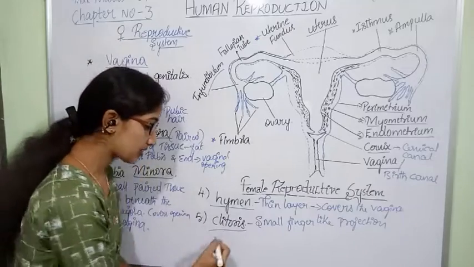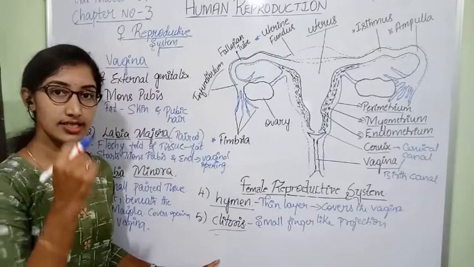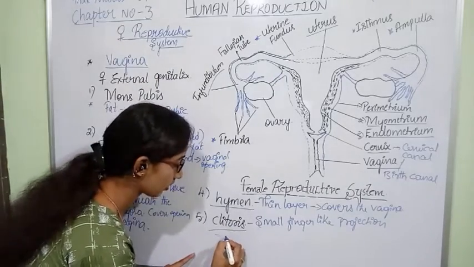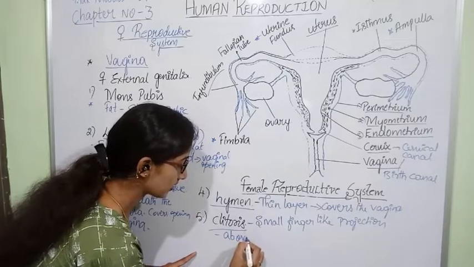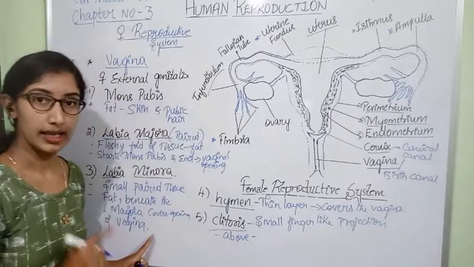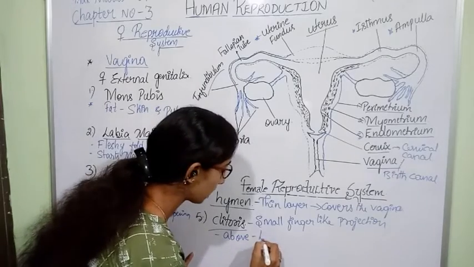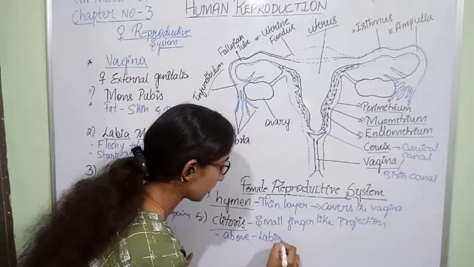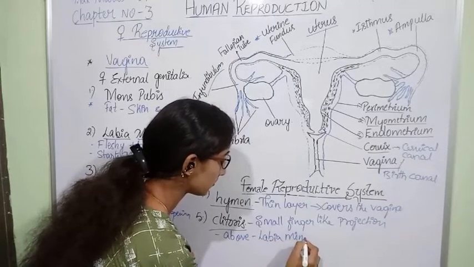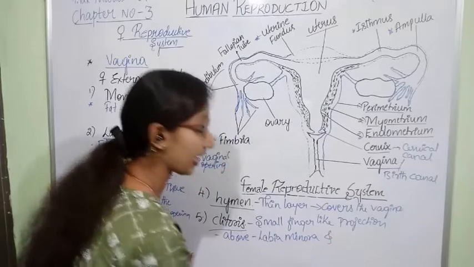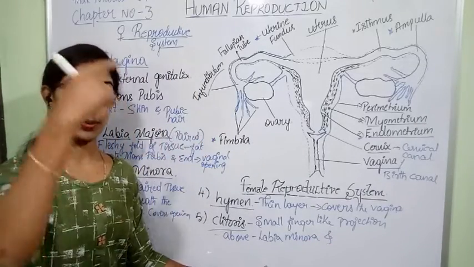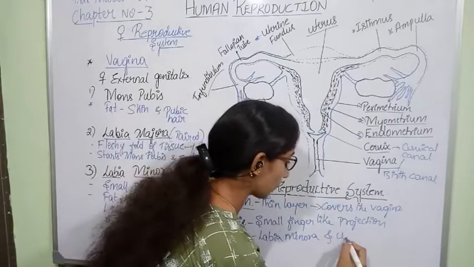A finger-like projection present just above the labia minora, and also above the urethral opening.